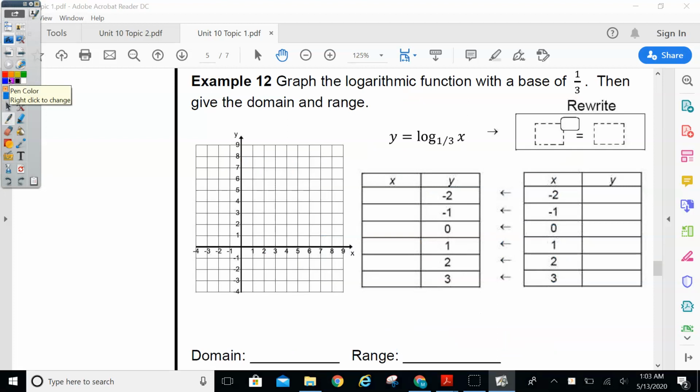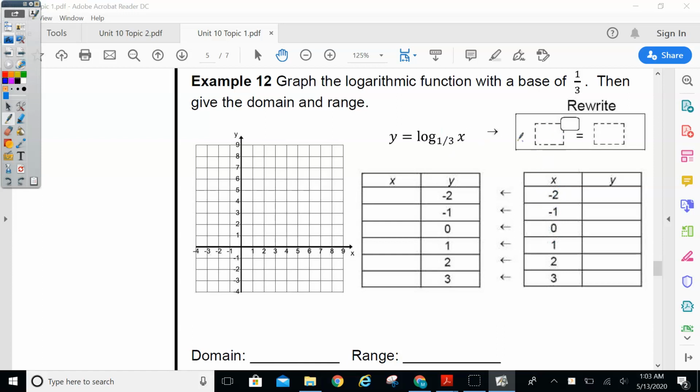Alright, so over here we're trying to graph this log base 1/3 of x. So I don't know what these x values are. I don't want to do 1, 2, 3. So I switch them around and I make the table for the exponential.